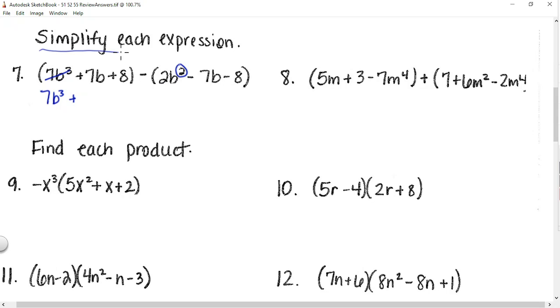This says simplify each expression. It doesn't say you have to do it in standard form this time, but sometimes it might. So we might as well do it in standard form, which means the higher powers first and then you keep going down. So b squared is the next highest. So we have this b squared, and there's no other term with b squared. So that is just minus b squared, minus 2b squared.